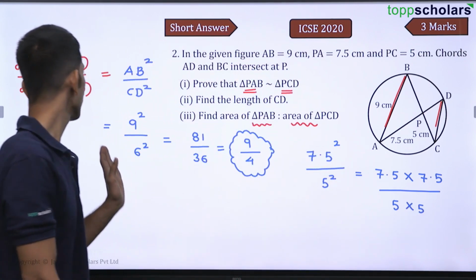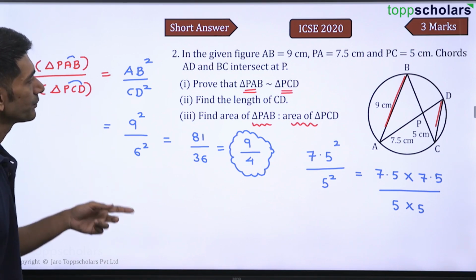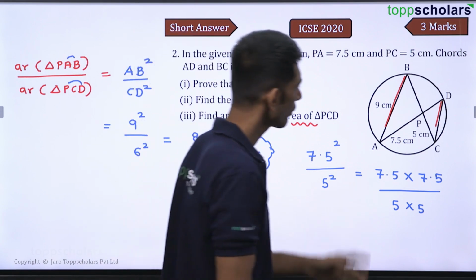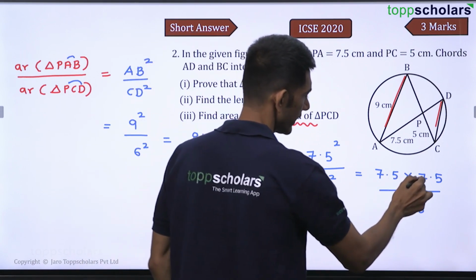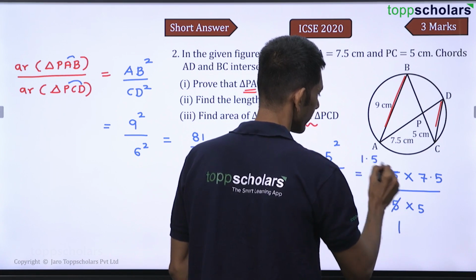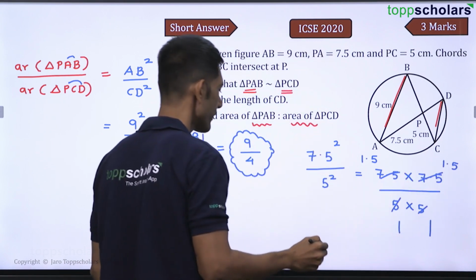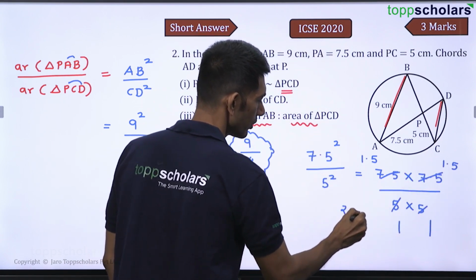Because the ratio of areas of two similar triangles is equal to ratio of the square of their corresponding sides. So this is what you can take, that is 5 ones are 5, this is 1.5, 1.5 into 1.5 is 2.25.